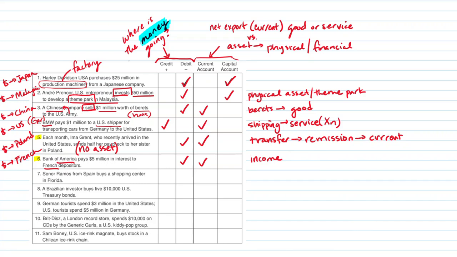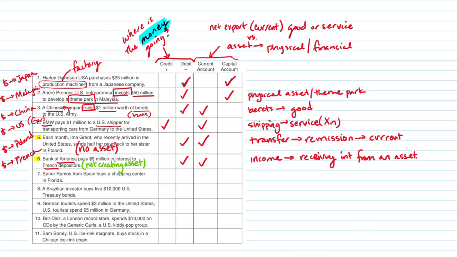This is not creating an asset, right? This doesn't say that people are depositing their money in Bank of America. This says that people are receiving interest from an existing asset, that asset being their bank account.